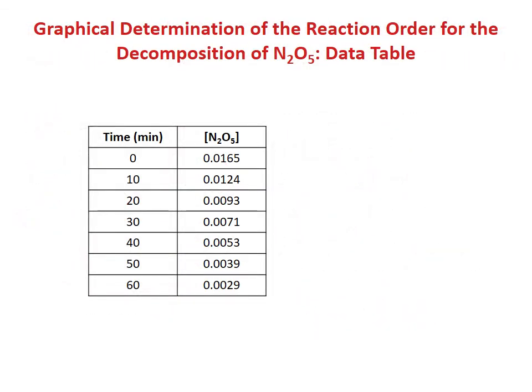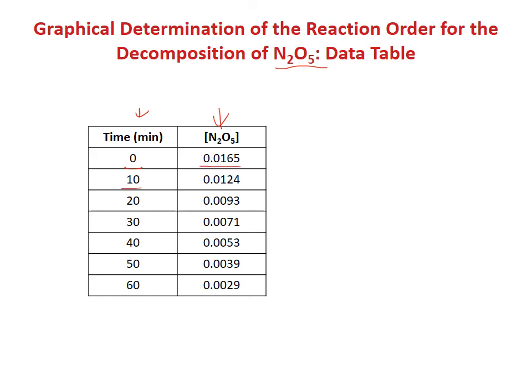Here is an example of graphic determination of reaction order. This reaction is the decomposition of N2O5. And we measure the concentration of N2O5 as a function of time. For example, at the beginning, time 0, the concentration is 0.0165.